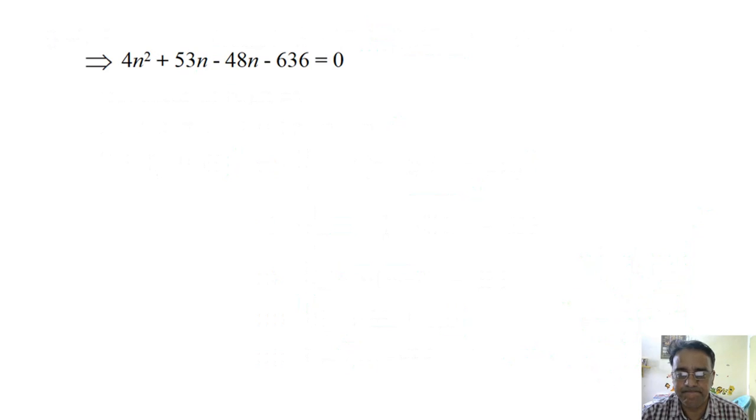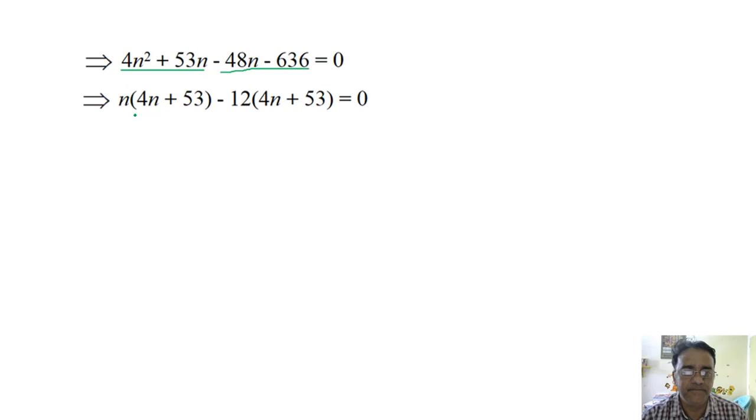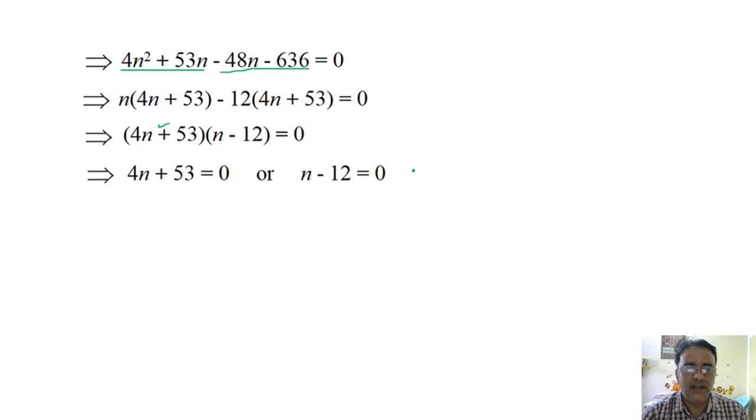Okay, fine. Now what is common between these two? n. And what is common between these two? Minus 12. Right, we'll take common. Then we'll get the factors 4n plus 53 into n minus 12. Now if you equate with 0, you will get one value 12 and the other value minus 53 by 4.